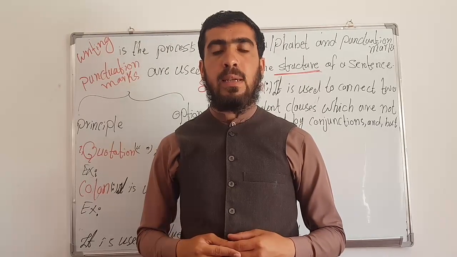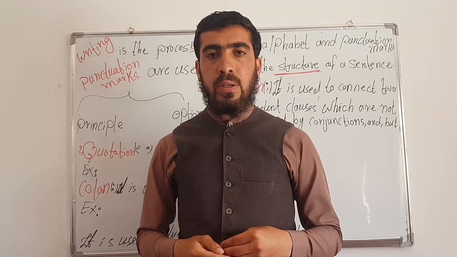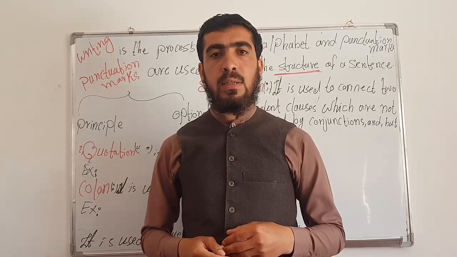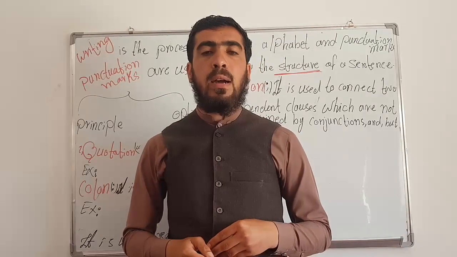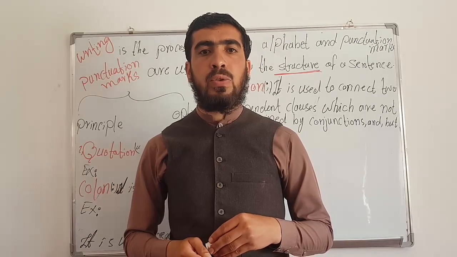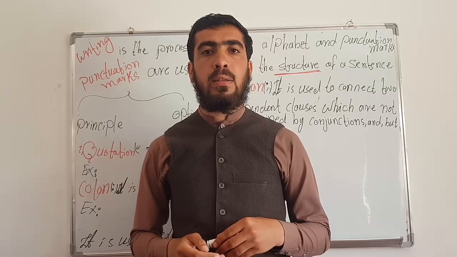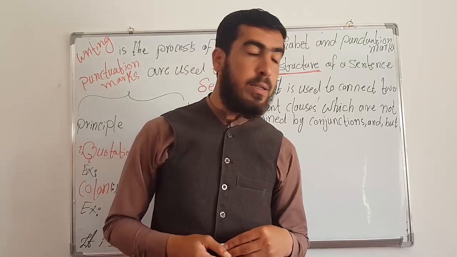Whether this sentence is an interrogative sentence, a declarative sentence, or a negative sentence, it guides us and shows us where to use them and the structure of a sentence, right?